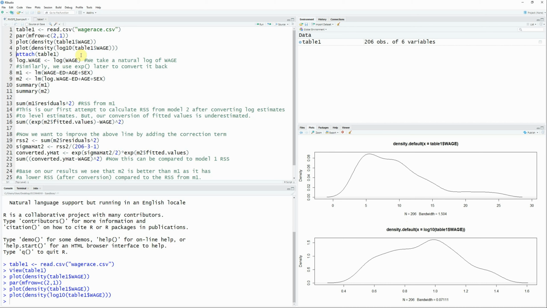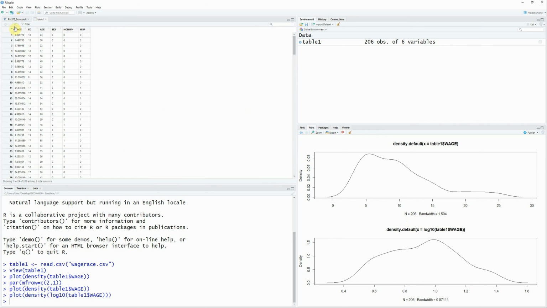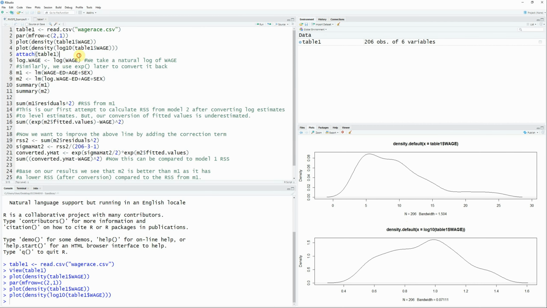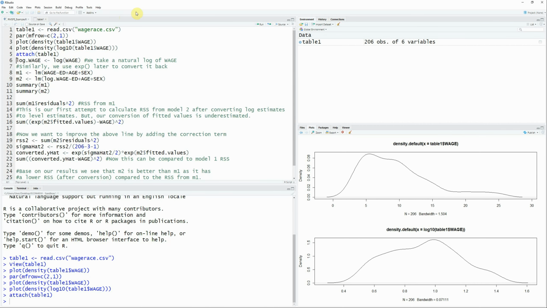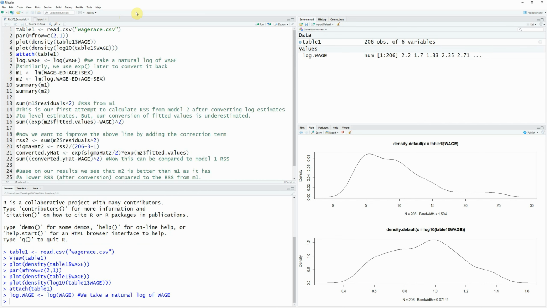I'll use the attach function here with the name of the data frame, which is table 1, to quickly access the variables in my model, so I don't have to define them one by one. There is just one variable that I want to define, and that's log of wage, which is just the natural log of wage.